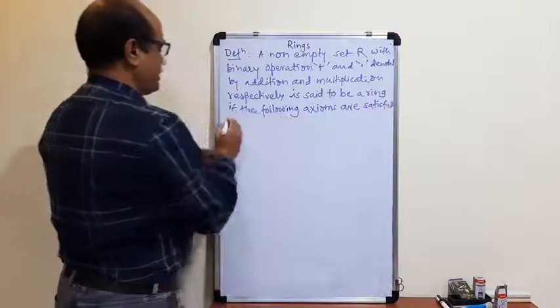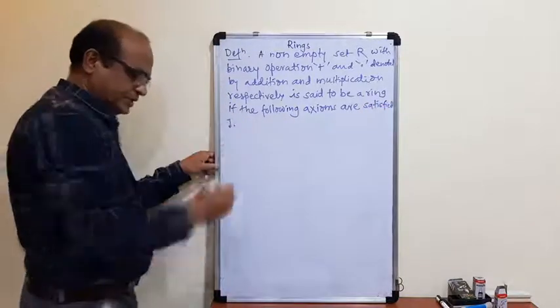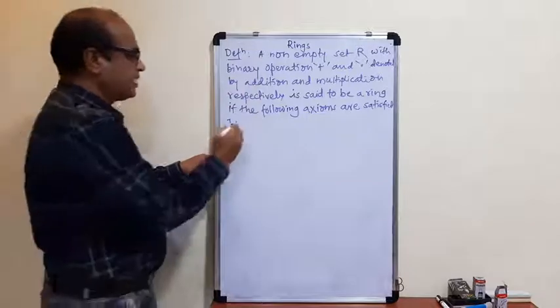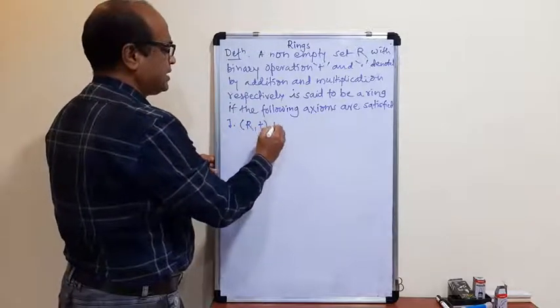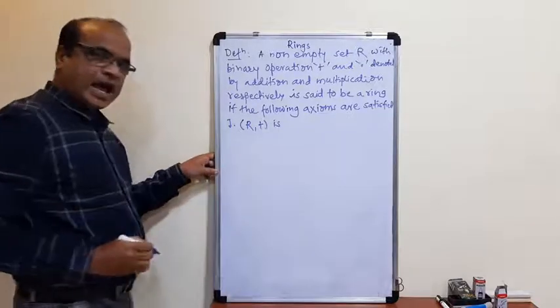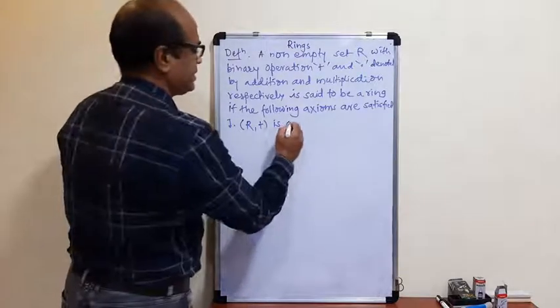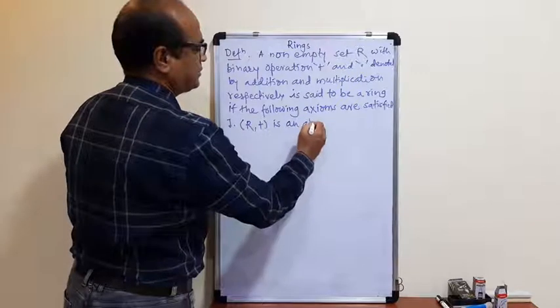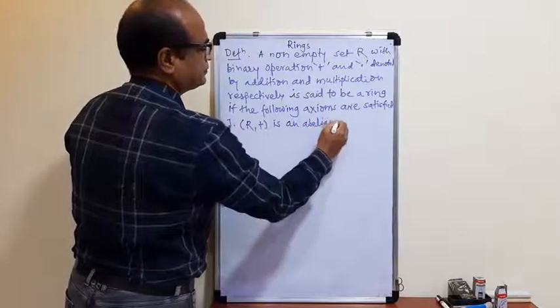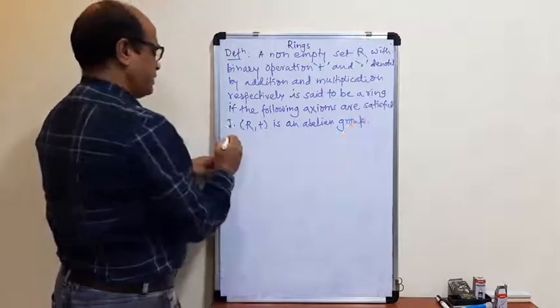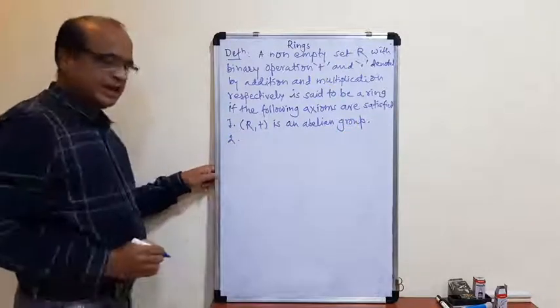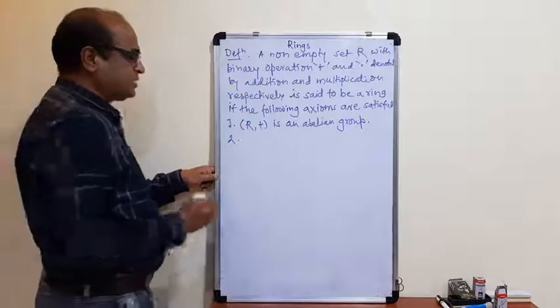So axiom 1. What is axiom 1? R plus is an abelian group. Next axiom: the second axiom is multiplication is associative.